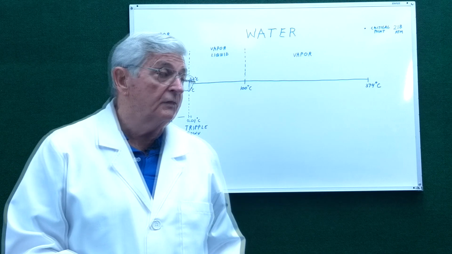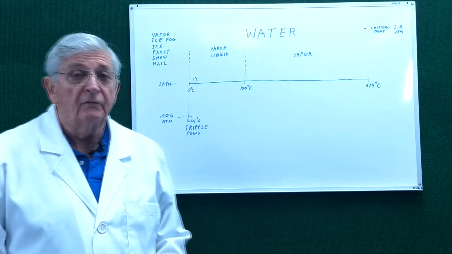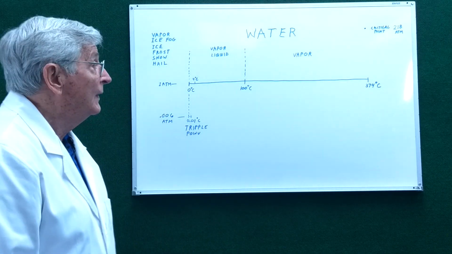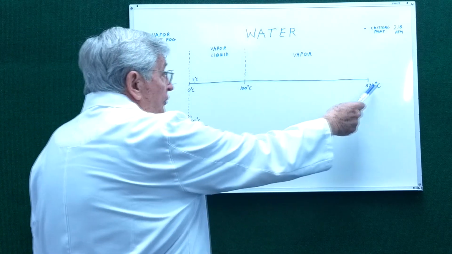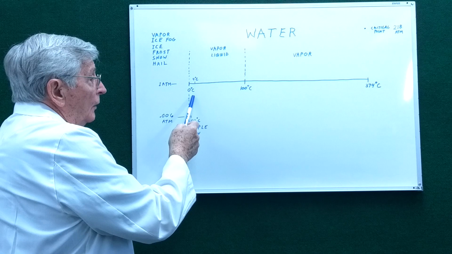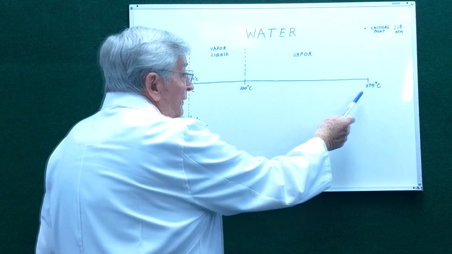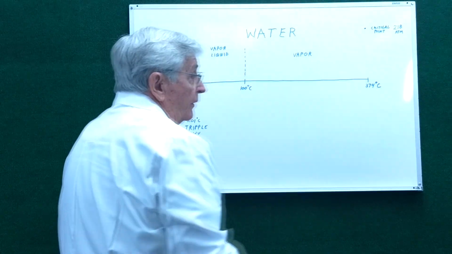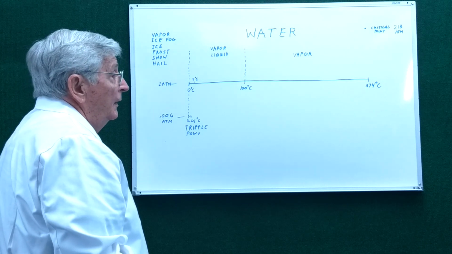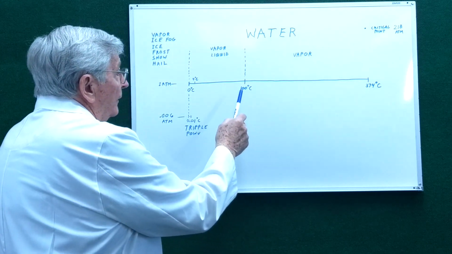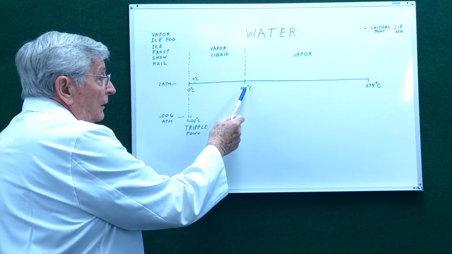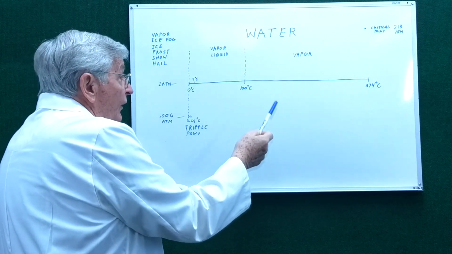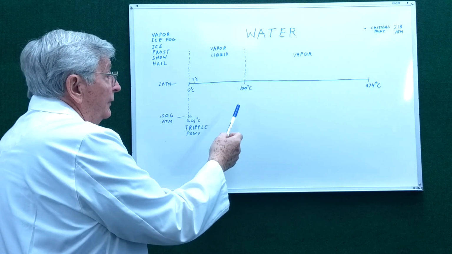Okay, here we have some interesting facts about water. What we have here is a temperature scale going from 0 degrees C to 374 degrees C. And there's several other interesting points on here where interesting things happen to water.